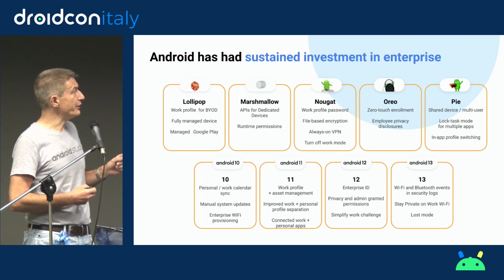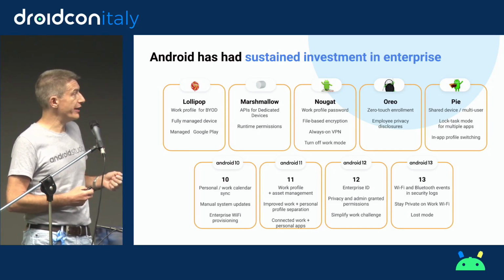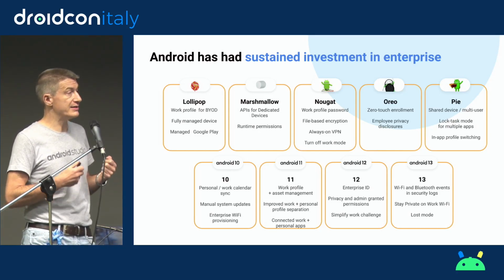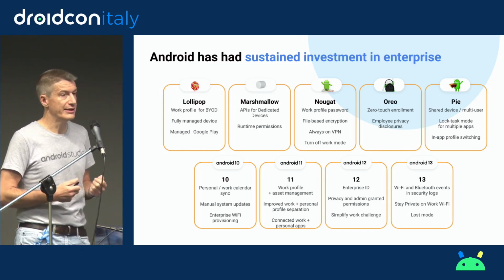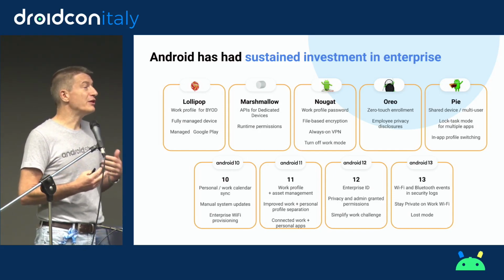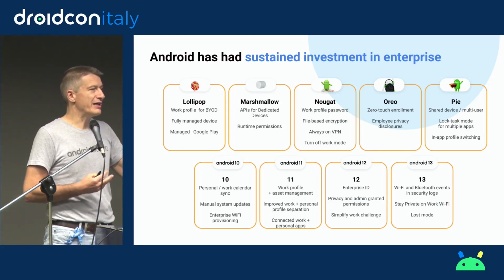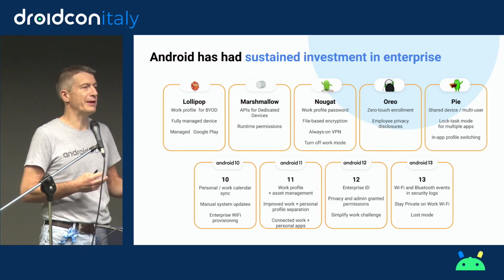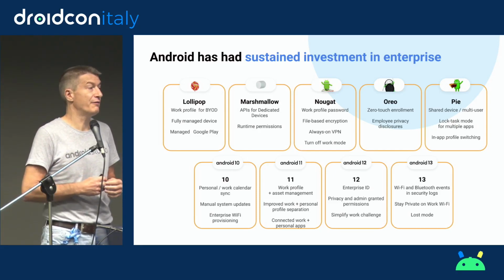One that I want to point out is Android Oreo, Android 8.0, where we introduced zero-touch enrollment. Enrollment is what happens when you need to give a device to an employee. You probably need to set up the device, maybe install some applications, lock down some other things.